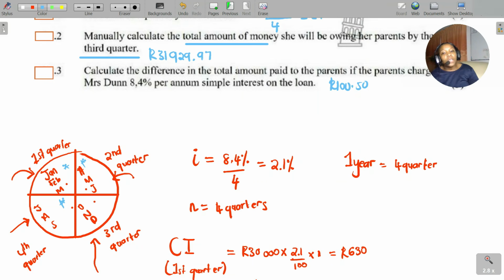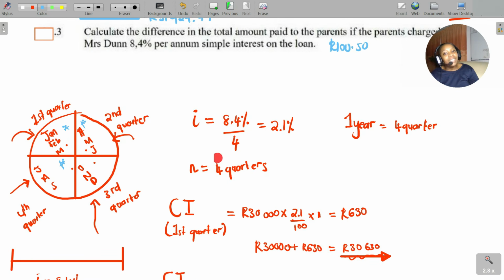So if we're dealing with compounded quarterly, you just need to remember that you take your interest rate, divide it by 4, and change the payment period to be in quarters, right? So if you've got 5 years, you take 5 multiplied by 4. If you've got 3 years, it's going to be 3 multiplied by 4. If the payment period is 2 years, it'll be 2 multiplied by 4, and that just means you need to repeat that calculation 8 times.